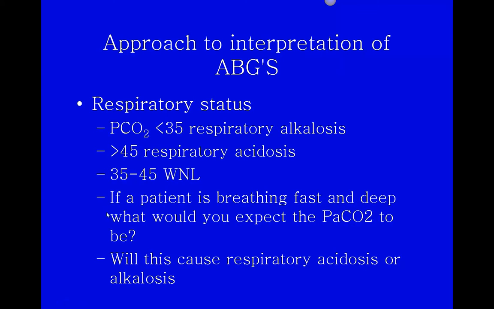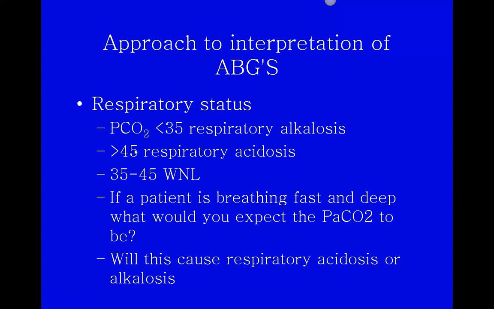So under normal circumstances, if a patient is breathing fast and deep, what would you expect the carbon dioxide to be? Well, if a person's breathing fast and deep, then production should be about the same, but removal has increased. Removal of carbon dioxide has increased. So I would bet that their CO2 is lower than normal.